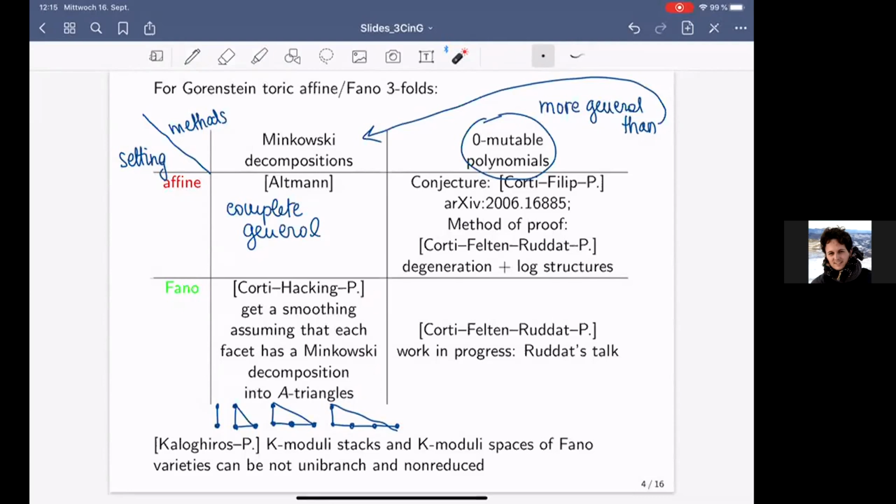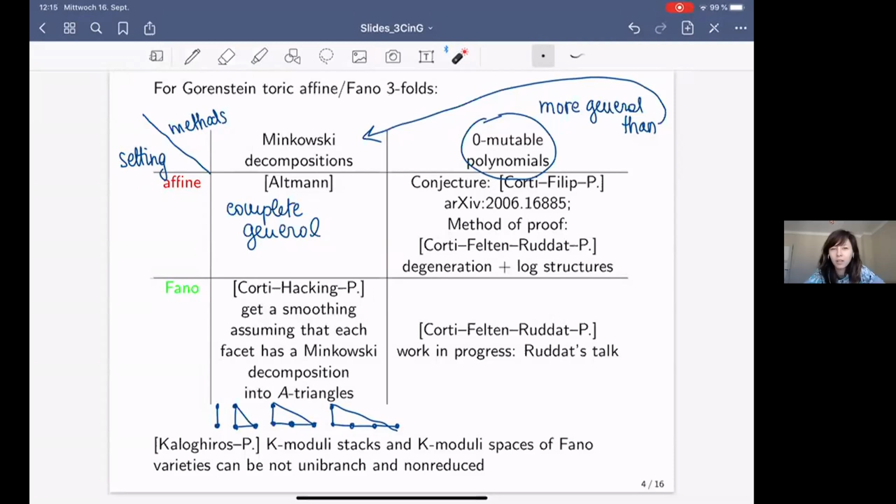This result depends on the fact that we are in dimension 3 and also uses this special kind of summands. And these triangles are very special somehow, and these are related to the compound Du Val singularities.